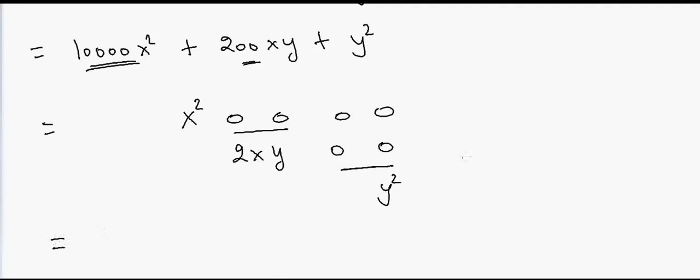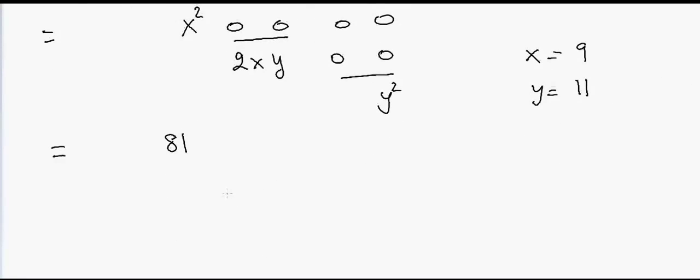Again, if x is equal to 9 and y is equal to 11, then you can see that 9 square is 81. There is no limit for x square here, right? And then we have 2xy, so 2 into 9 into 11, that will be equal to 18 into 11, and that will be equal to 198.